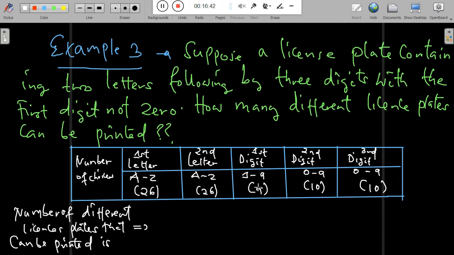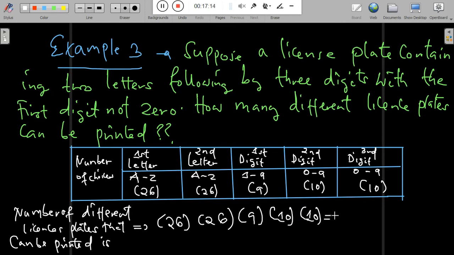So the number of different reference plates that can be printed is 26 times 26, times 9, times 10, times 10 again.